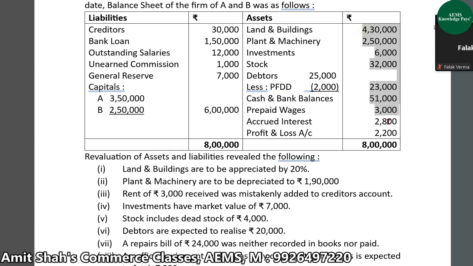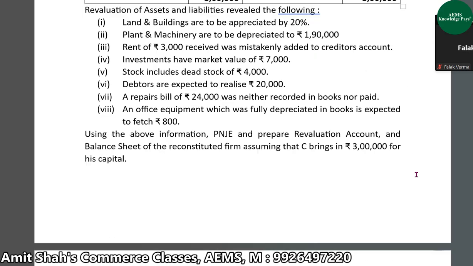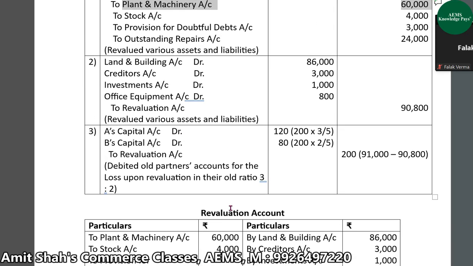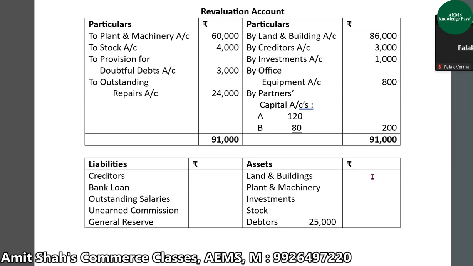You know that all these are debit balances and all these are credit balances. So plant and machinery had debit balance of 2,50,000 and later it was credited by 60,000. So now its value in books has automatically become 250 minus 60, that is 1,90,000. So here we will present plant and machinery now with 1,90,000.